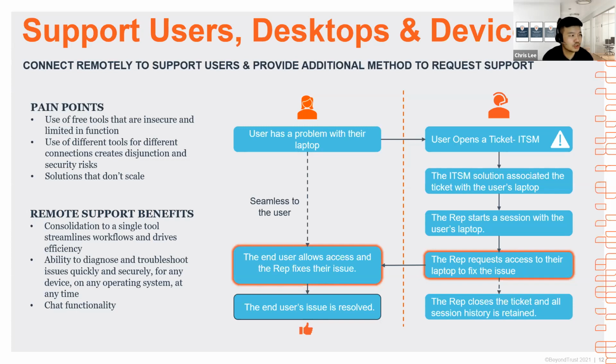So by using the remote support tools from BeyondTrust, you basically get consolidation from the very beginning of the support process: from initiating a case, accepting a case, logging issues, and establishing the sessions, not starting from a full-fledged remote session.